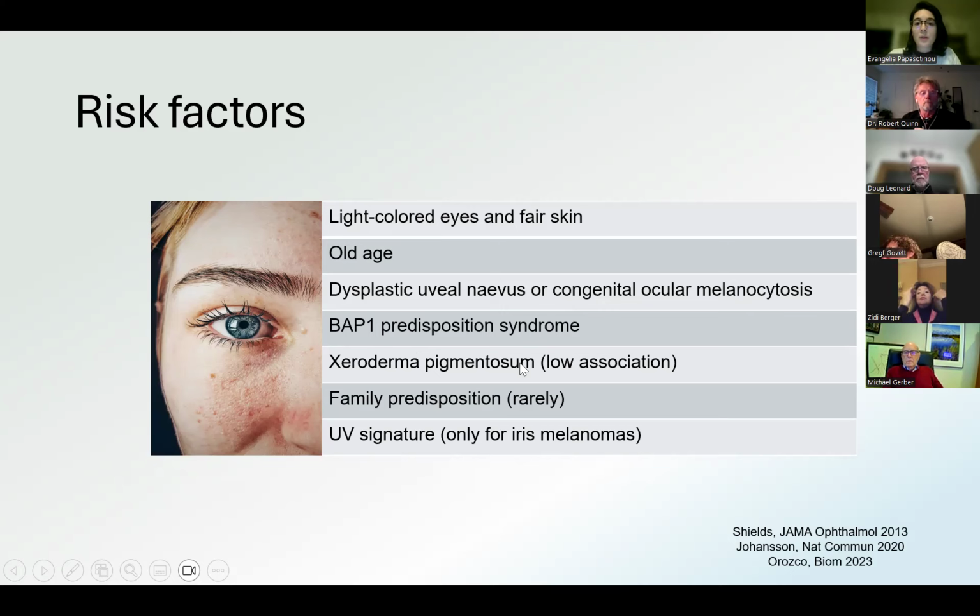Observation of xeroderma pigmentosum is a low association so far. Family predisposition is rarely characterized. And a UV signature has been found in association with iris melanomas, without meaning that this is the only and primary factor for iris melanoma.